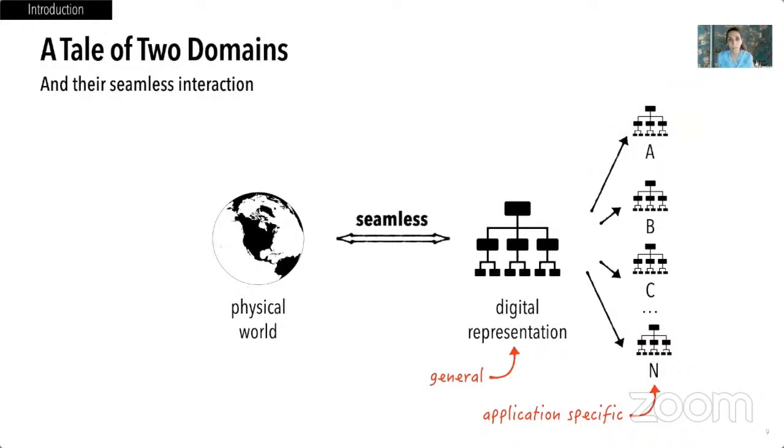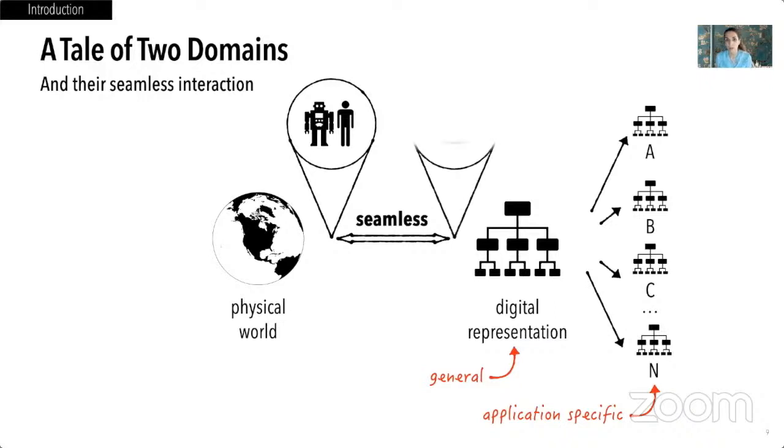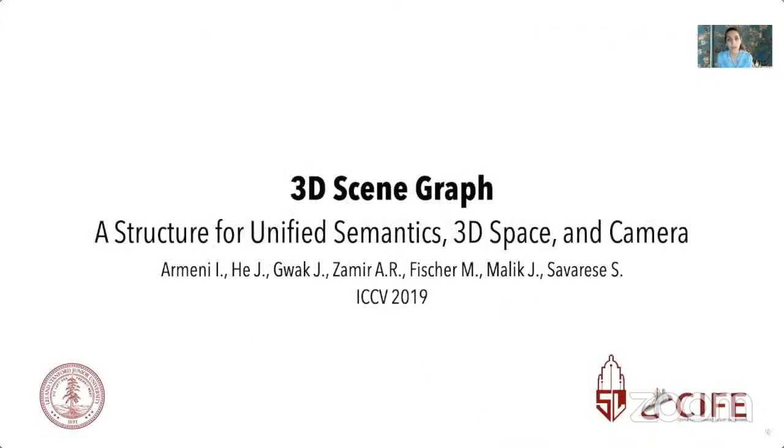We also would like the transition, the communication between the physical and the digital domain to be seamless. And on the one hand, we have to think that humans and other agents are going to interact with this information. So we need to structure it in a way that is interpretable by both humans and machines. And that is the motivation behind that work, 3D scene graph, which was presented back in ICCV 2019.